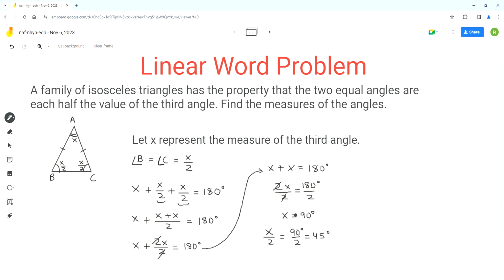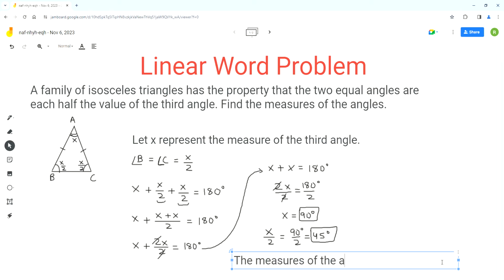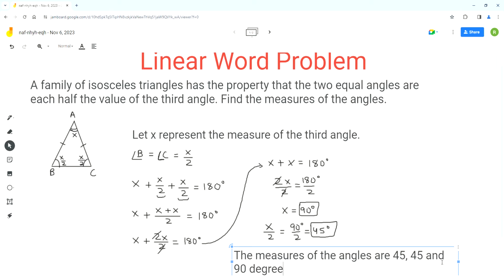So these are the solutions we are looking for, that one of the angles in the triangle is 90 degrees and the other two angles are 45 degrees each. Now since it's a word problem, we can write a closing statement. The measures of the angles are 45, 45 and 90 degrees.